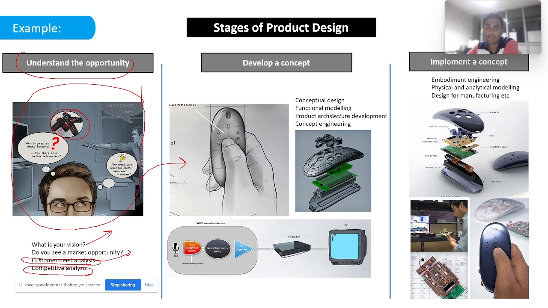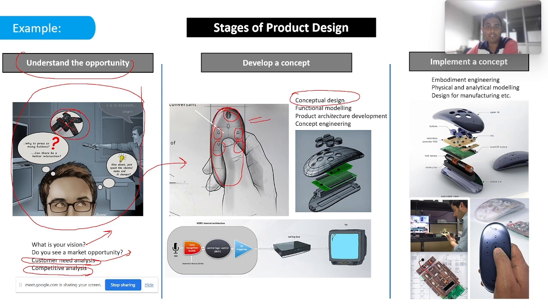Then next is the concept development stage, where we developed a small portable remote which has a very limited number of buttons, and it has voice based interactions. So in that particular stage, we have a conceptualization phase, where we actually come up with multiple concepts.